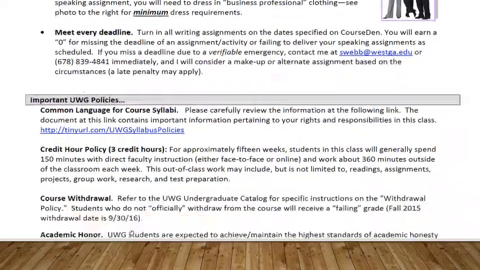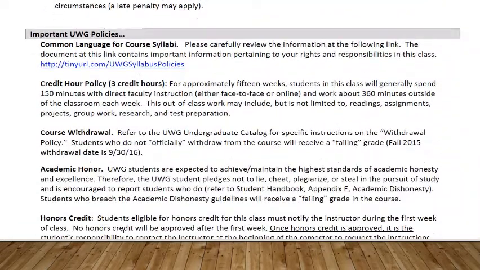In order to have the possibility to make up work. This part of the course syllabus covers the important University of West Georgia policies. You'll see this in the electronic file located in our news feed as well as in our course content. This includes the language for the course syllabi and the credit hour policy.